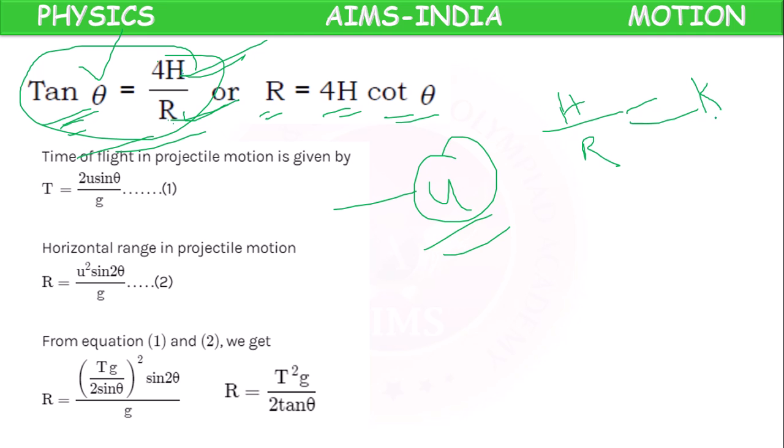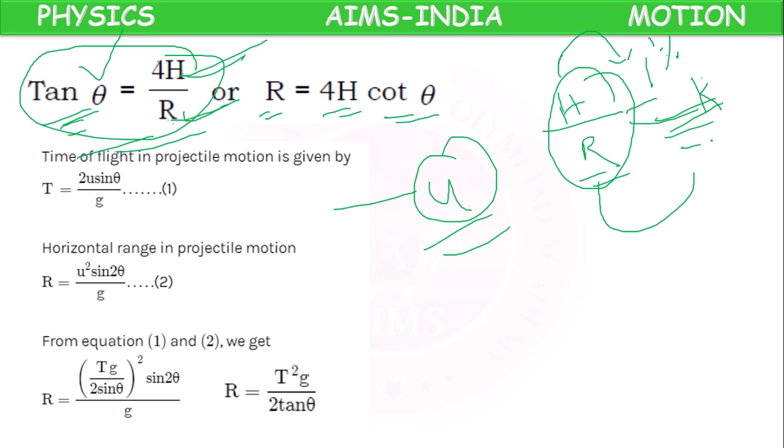The h by r value is always constant. There will be no change in the ratio. If the height is increased by 1%, then the range must increase in such a manner that their ratio stays constant.